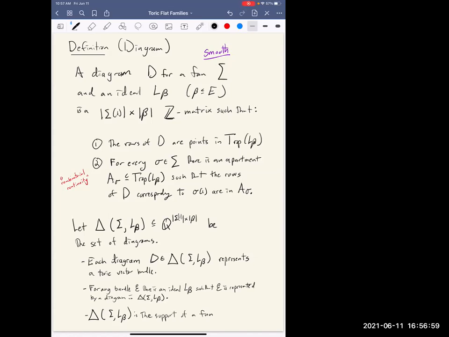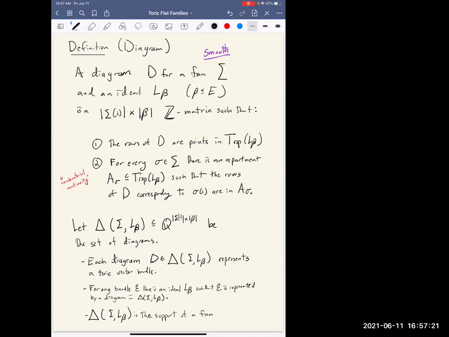I'm going to let delta here be the set of all such matrices. So this is, once again, a collection of matrices whose rows are solutions to some tropical equations, which satisfy some additional closeness condition that's defined by the fan sigma.